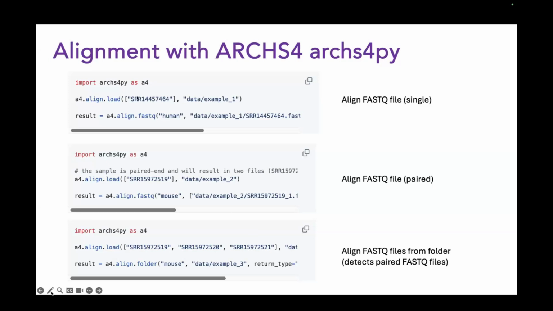You just specify the SRR IDs and then the output folder, and it will extract them from the SRA database. With the initial command at the top, we tell it to align the FASTQ file that we just extracted against the human reference genome.